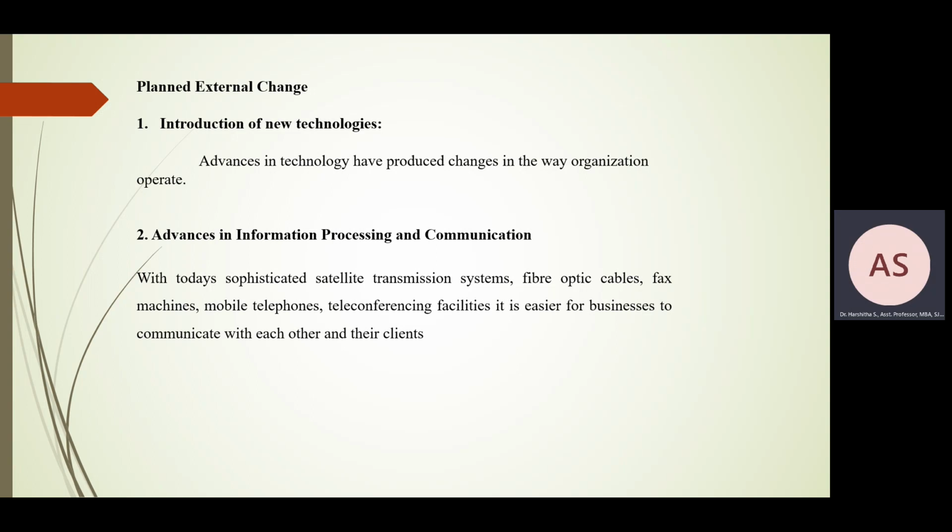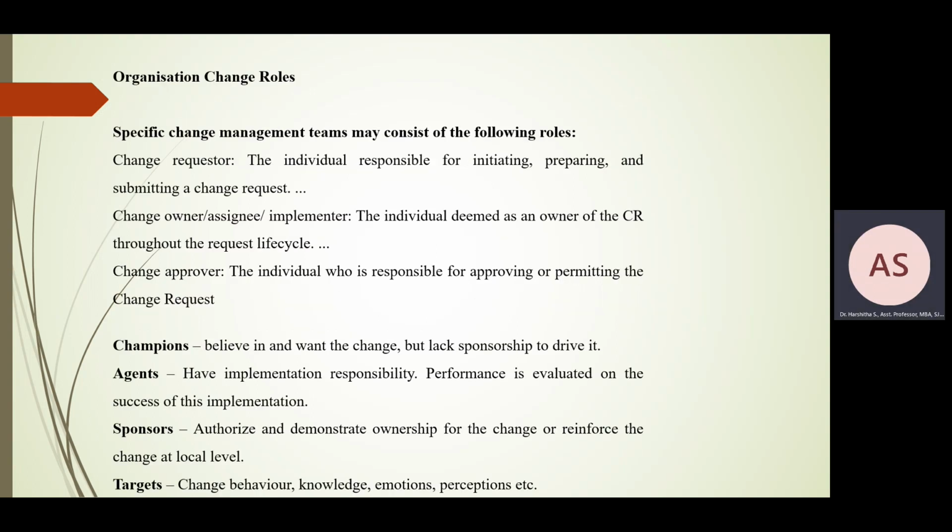So planned external change is introduction of new technologies and advances in information processing and communication. It might be due to mobile phones or machines or teleconferencing facilities or optic cables or anything might come under this.